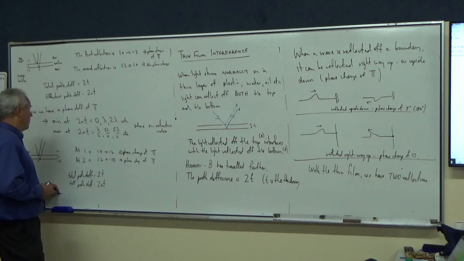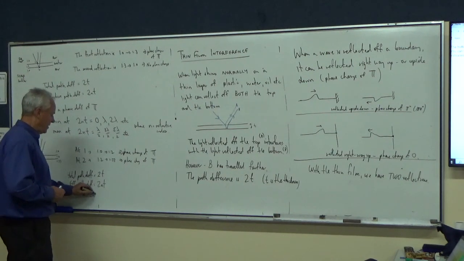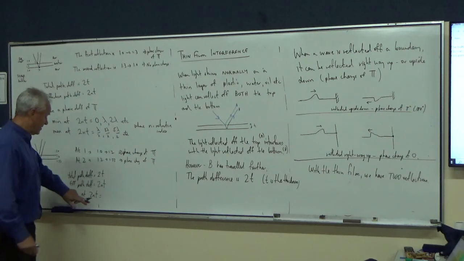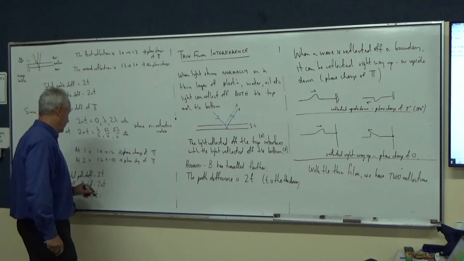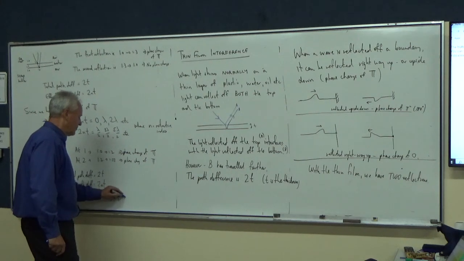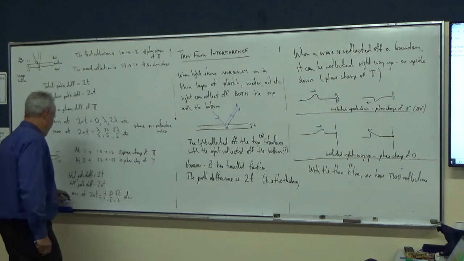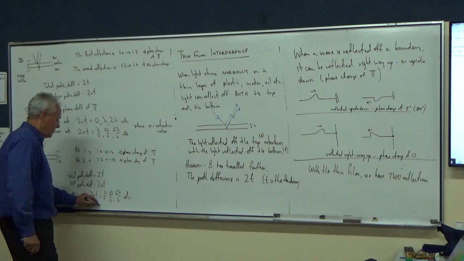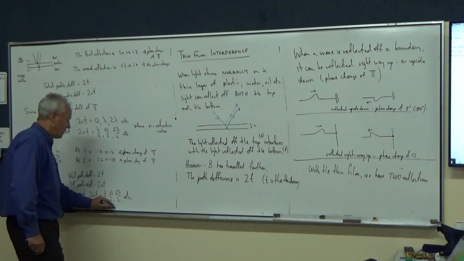So therefore minimum at 2nt equals, we're going to get a minimum when there's cancellation. We don't need to worry about that extra lambda on 2. 2nt equals lambda on 2, 3 lambda on 2, 5 lambda on 2, etc. And maximum at 2nt equals 0 lambda, 2 lambda.